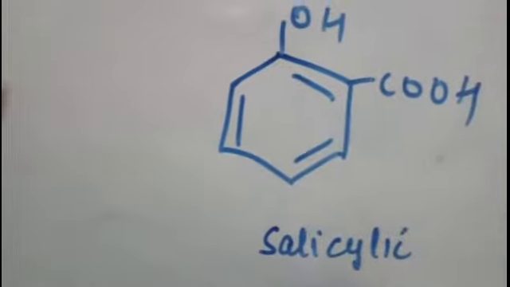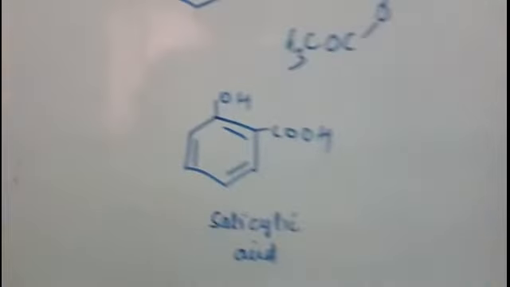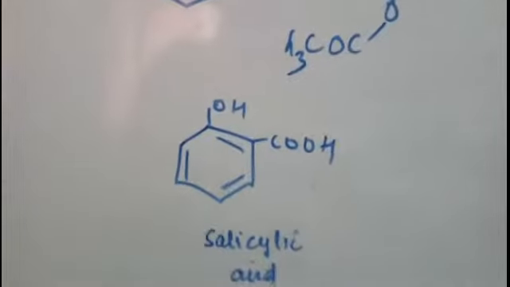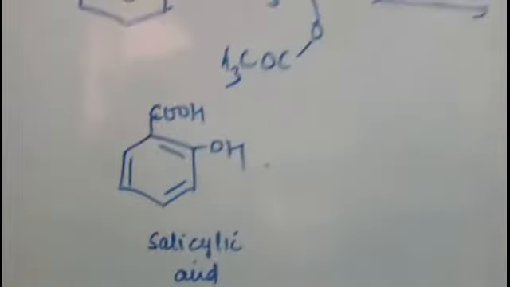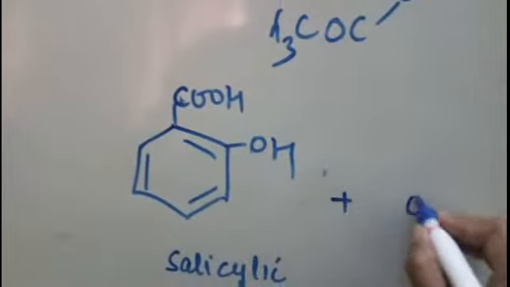This compound is salicylic acid. Salicylic acid is orthohydroxybenzoic acid, right? So I will write this COOH group here and this OH group here, because I will involve the alcoholic group of this salicylic acid and will react with acetic anhydride.